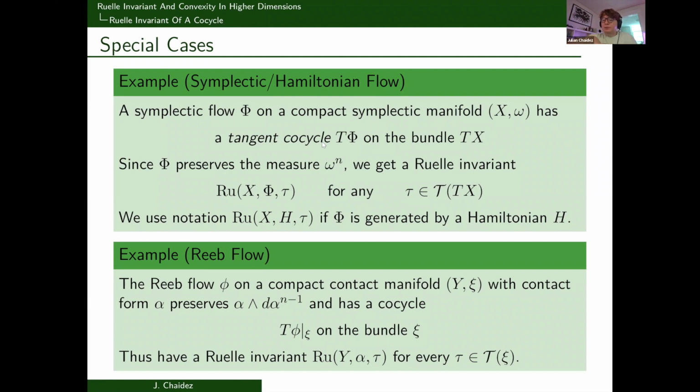Note that the existence of one of these tau is dependent on the vanishing of the Chern class of X. And if phi is Hamiltonian, then I'll use the notation Ru(X, H, tau) instead of Ru(X, phi, tau). So Hamiltonian and symplectic flows both give you natural examples here.